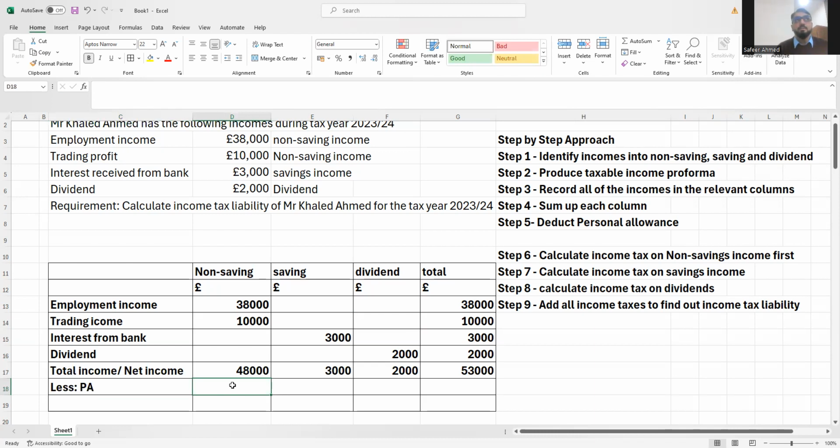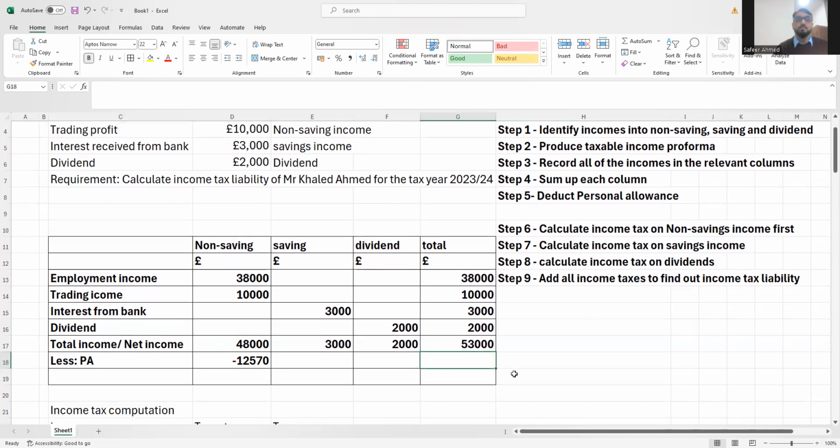The personal allowance can be reduced if your total income, also known as adjusted net income, is greater than 100K. But in this case, you can see that it's way less than 100K. Therefore, the full personal allowance will be available here. Now, one thing to notice: you always deduct your personal allowance from non-saving income first.